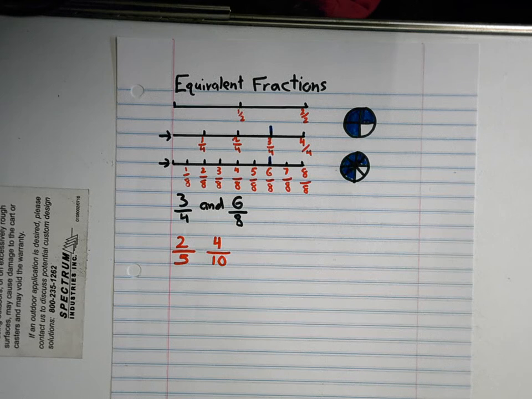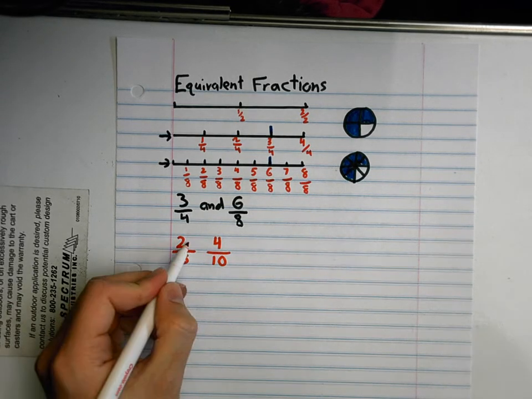Now, just like my man Brandon said, like he could come up here and teach this, he probably can. One way you can figure out if they are equivalent fractions, there's a couple of ways. Some of them are harder than others. We went over a pretty hard way during math class today. Another one is called cross multiplying.